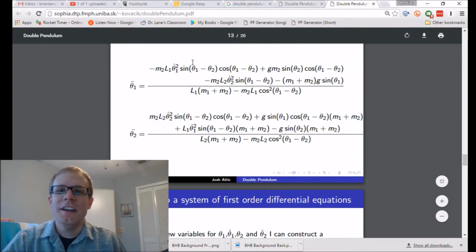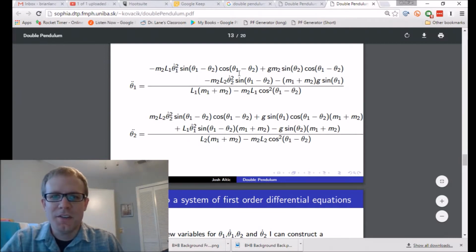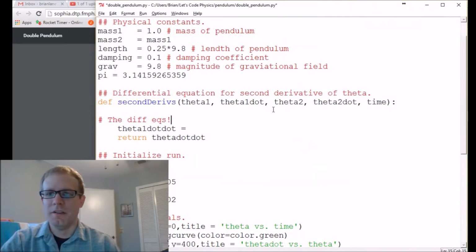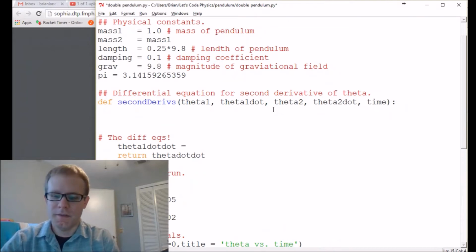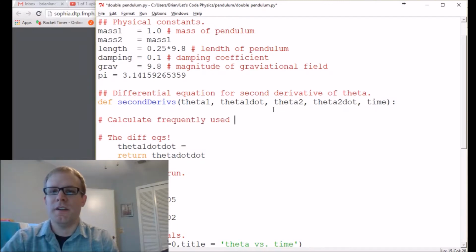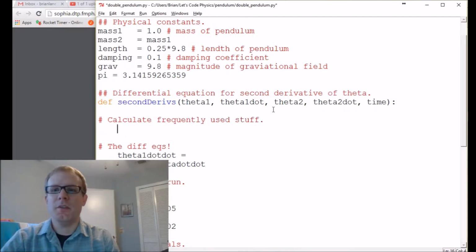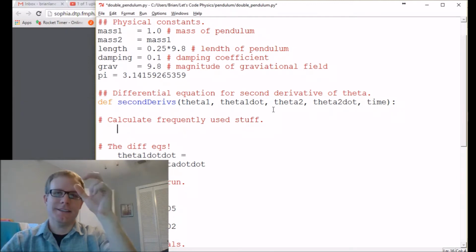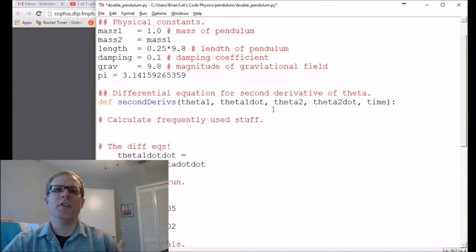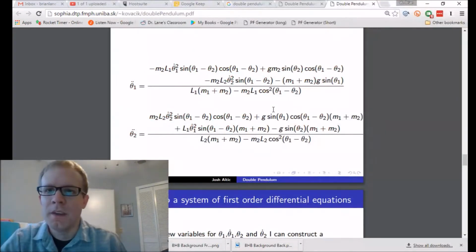For example, sine of theta 1 minus theta 2, cosine of theta 1 minus theta 2, sine theta 2, sine theta 1, etc. So here's what we're going to do. We're going to define some stuff. So here's where we're going to calculate frequently used stuff. The reason we want to calculate it here and then access it later is so that the computer isn't having to evaluate the same cosine over and over again. It saves a little bit of computer time.